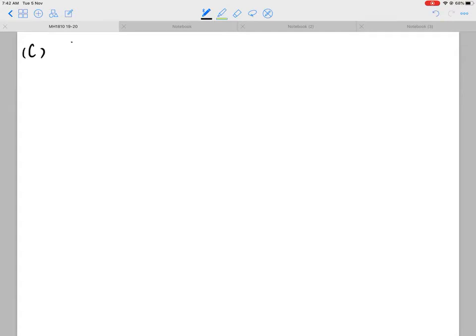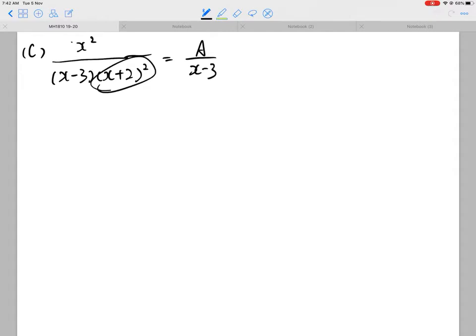Part C is a little bit more complicated because you just have more terms to put in your equations. So here you can see x minus 3, so we have some A over x minus 3. And we have x plus 2 squared, so we have B over x plus 2 and C over x plus 2 squared. So we have 3 terms.